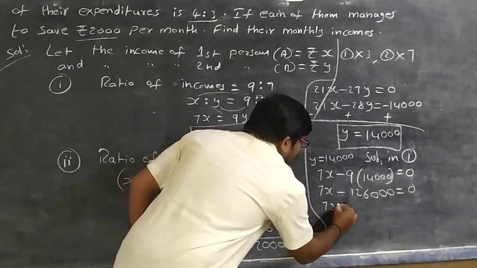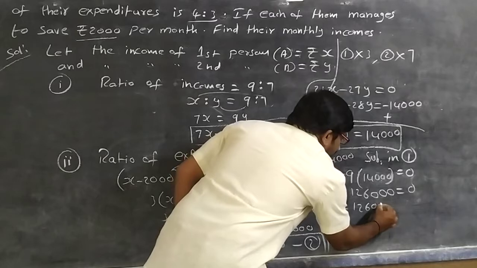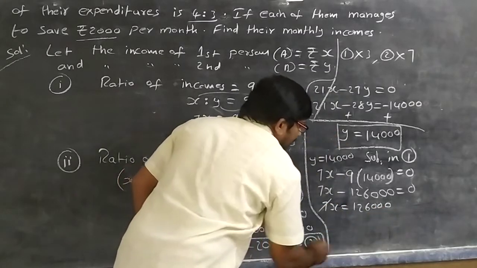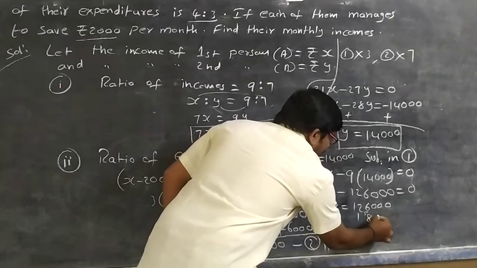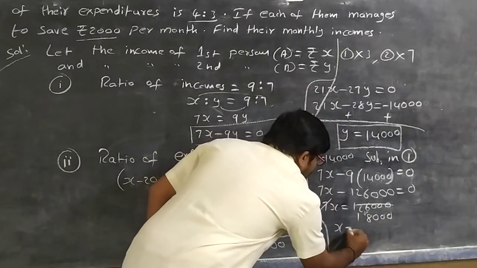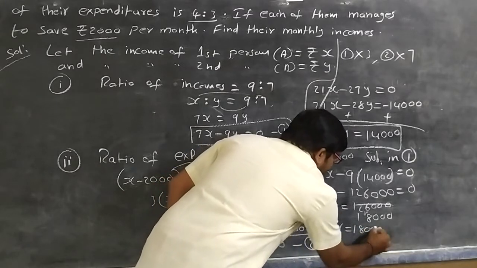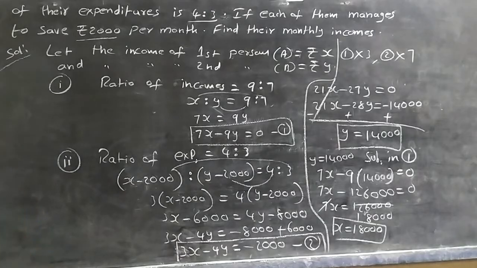Then 7x equal to 126,000. Now cancel it. 7 1s are 7, 7 8s are 56, 0, 0, 0, right? So x equal to how much? 18,000, right? x equal to 18,000.